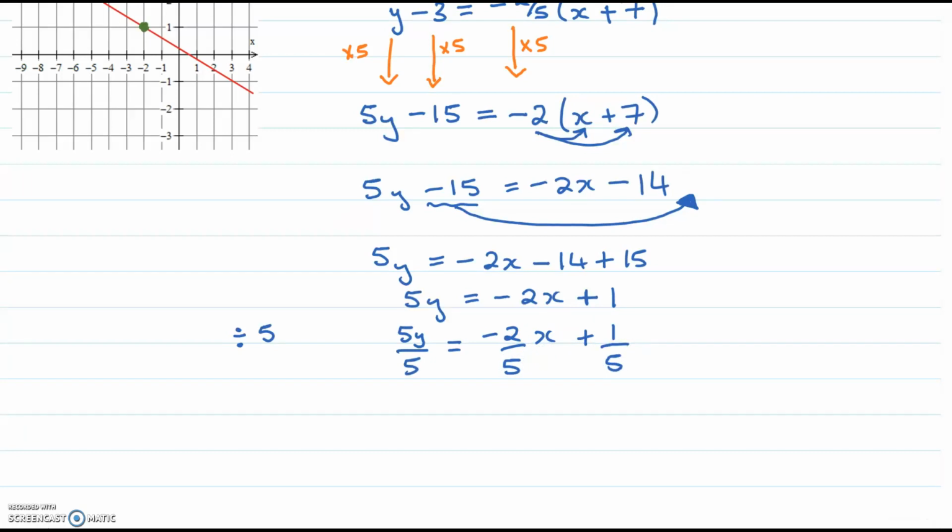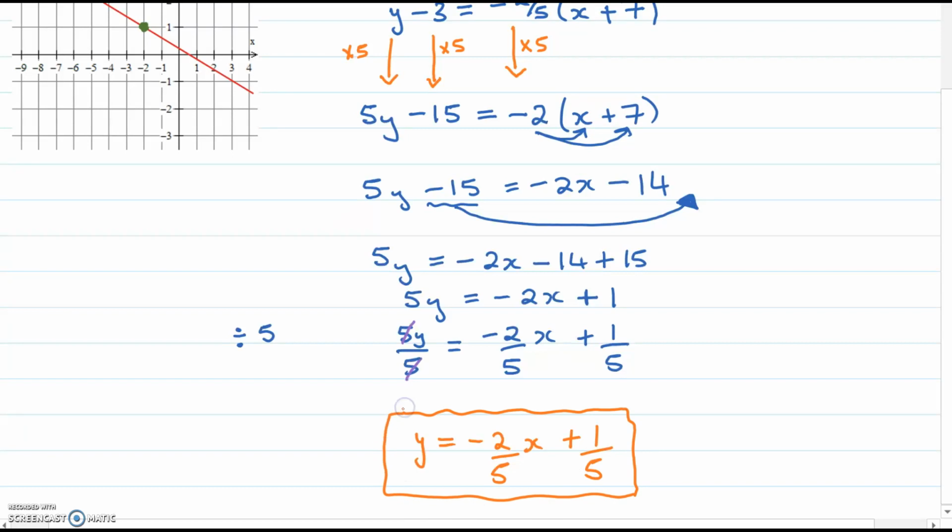Now, we're nearly there. The 5's will cancel there, and you're left with y is equal to negative 2/5 x plus 1/5.